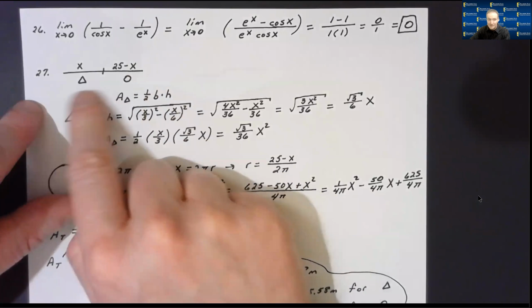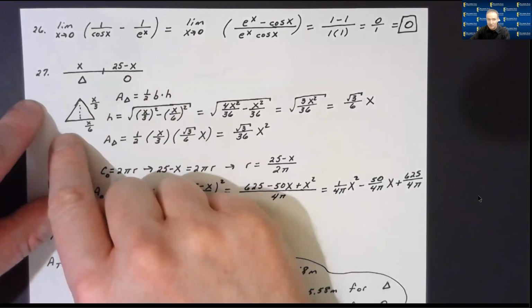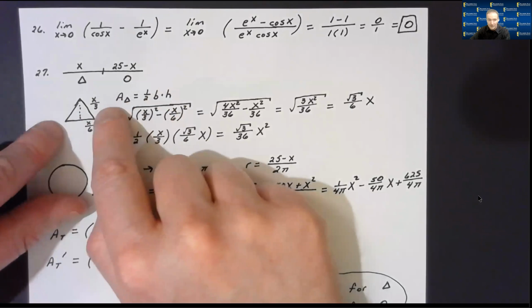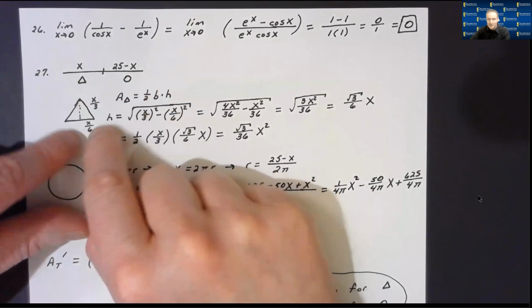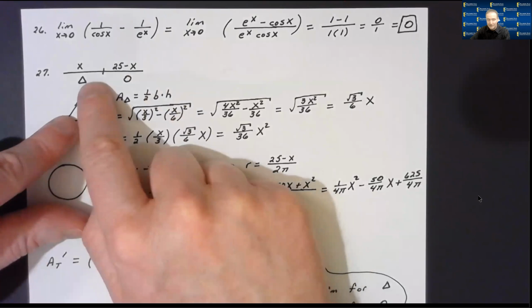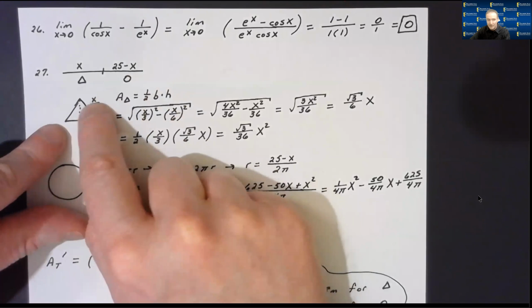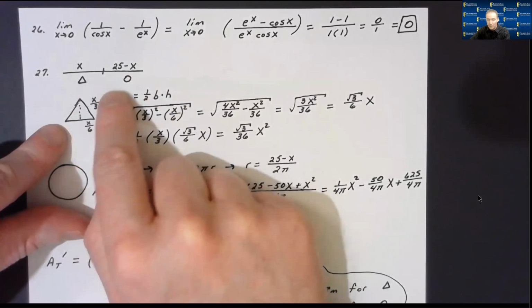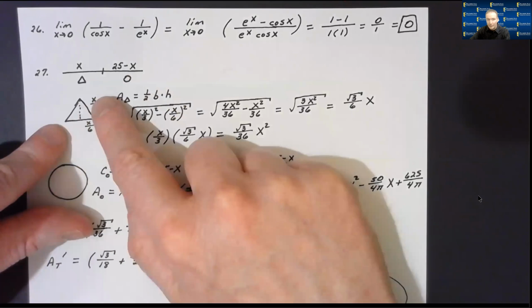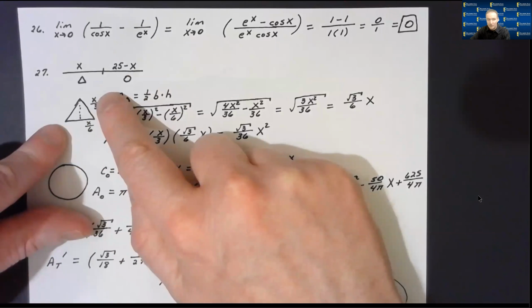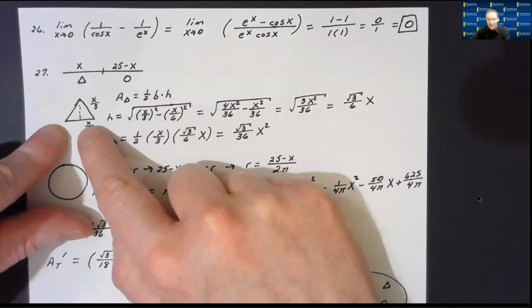Any one of these sides could be its base, but I don't have the height of it. These are diagonals. So I would need to find the height that I drew in there. That creates a right triangle within your equilateral triangle that would have a hypotenuse of x over 3 and a side of x over 6.